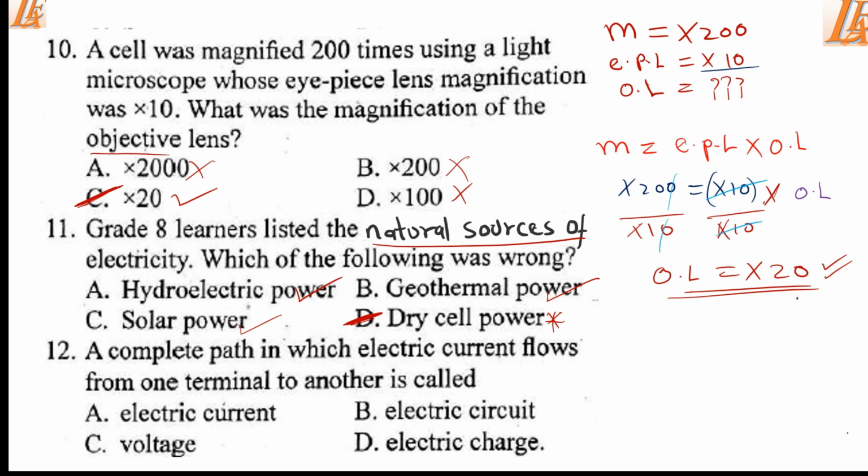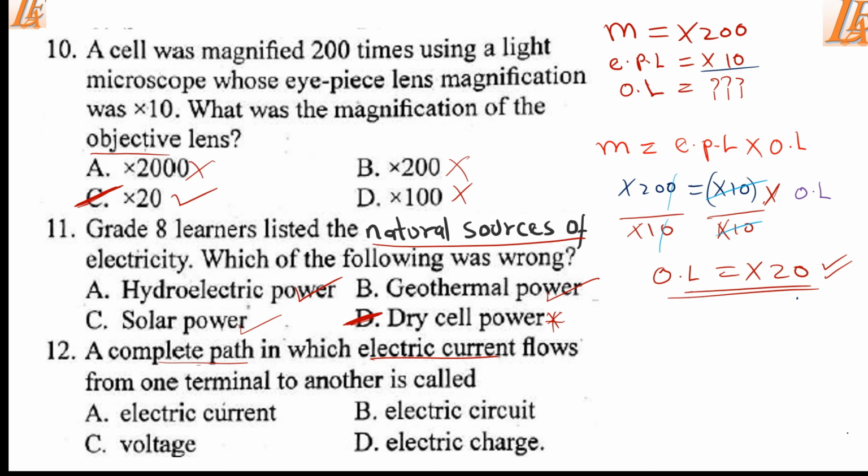Question 12. A complete path in which electric current flows from one terminal to another is called. So we want to know a path where current can flow from one terminal to another. A, electric current. This is wrong because electric current is the flow of charges per unit time.